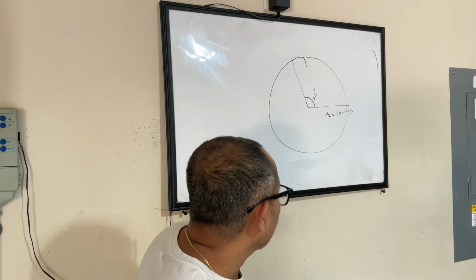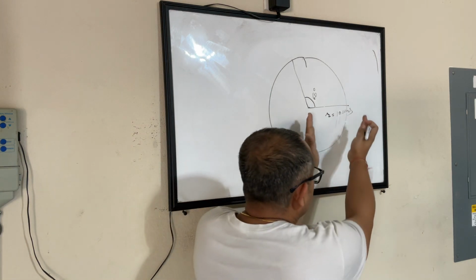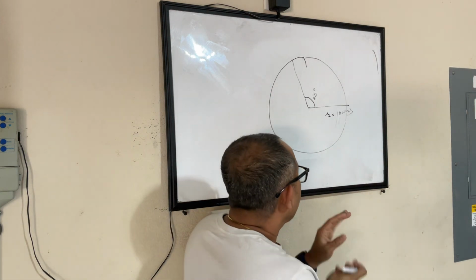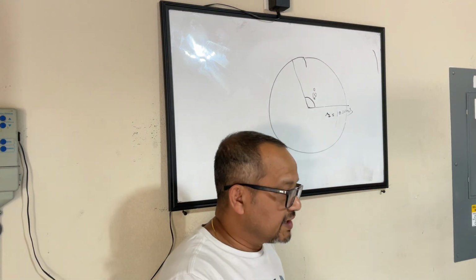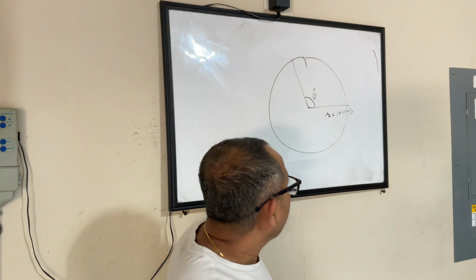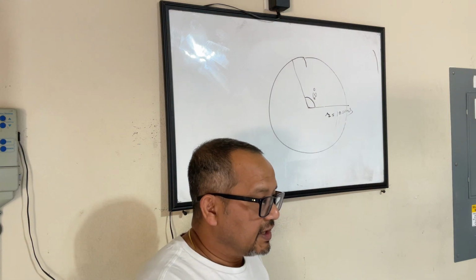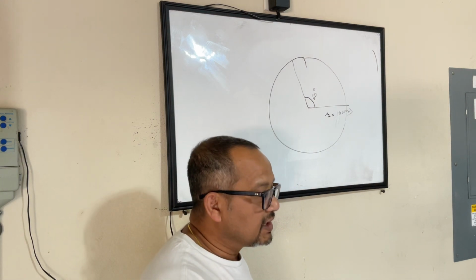So again, I'm repeating my question. I have a circle with radius 10 centimeters and two radiuses making an angle of 60 degrees at the center. Find out the area of the sector and length of the arc.